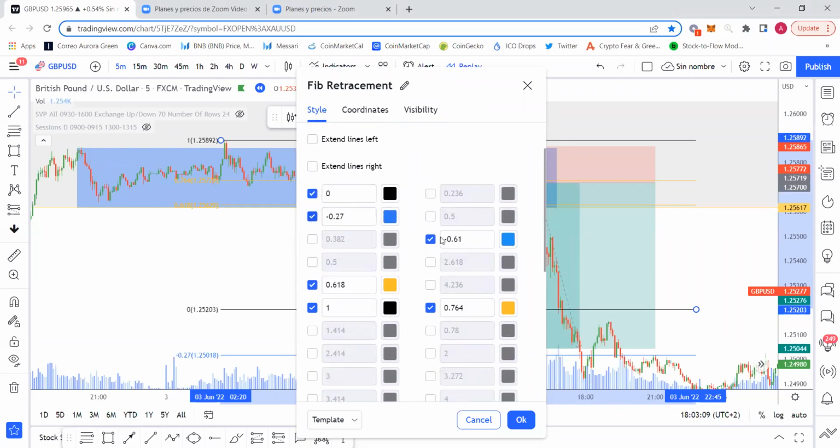These are also some targets, but don't really take them into consideration right now. Okay, do you have it? Yes. Okay.